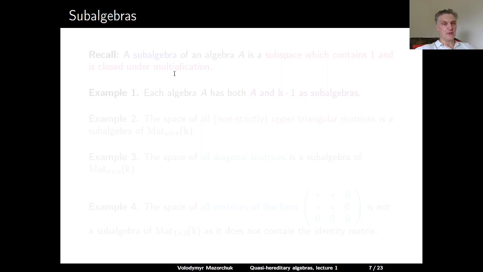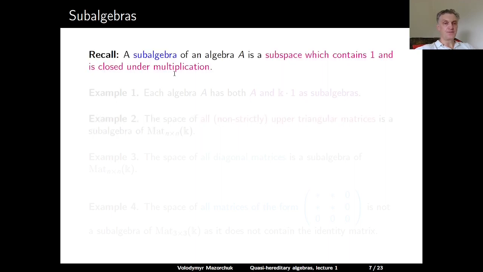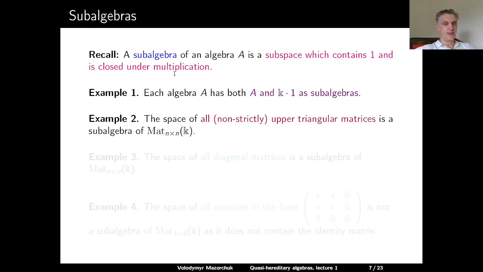Now let us talk about subalgebras. Recall that a subalgebra of an algebra is a subspace which contains the identity element and which is closed under multiplication. For example, each algebra A has both itself, the algebra A, and the linear span of the identity element as subalgebras.